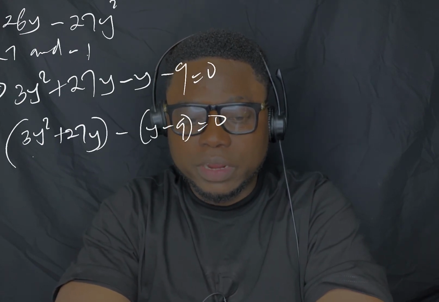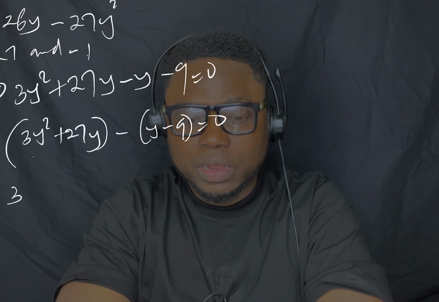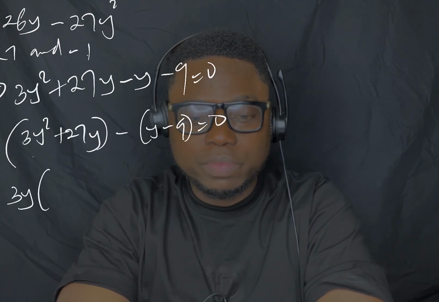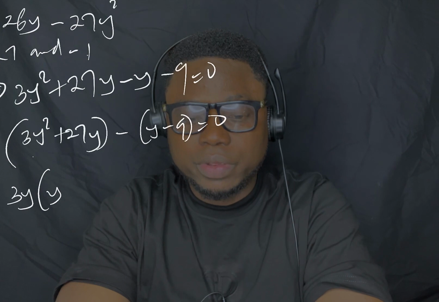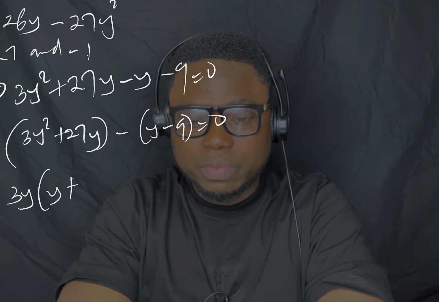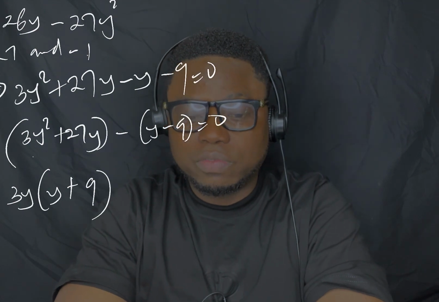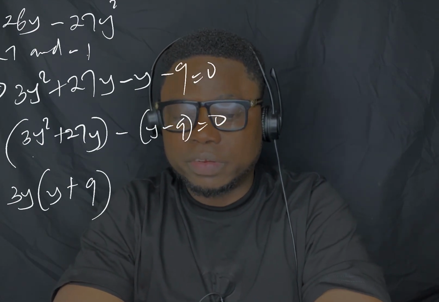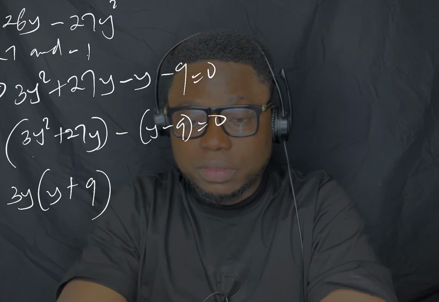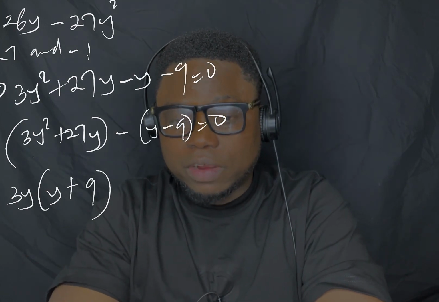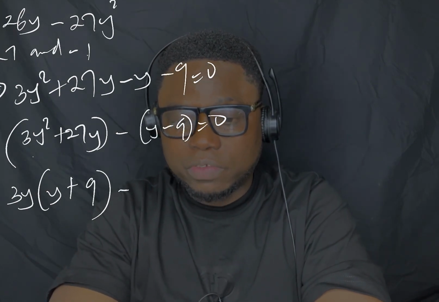Bringing it out of the bracket, that is going to be 3y. 3y times y is going to give me 3y squared. So y will remain here and a plus. What will remain here will be 9, because 3y times 9 is going to give me 27y. Or if you say 27y divided by 3y, that's going to be plus 9. Then minus, what we divide across 1 and minus 9 is going to be minus 1.